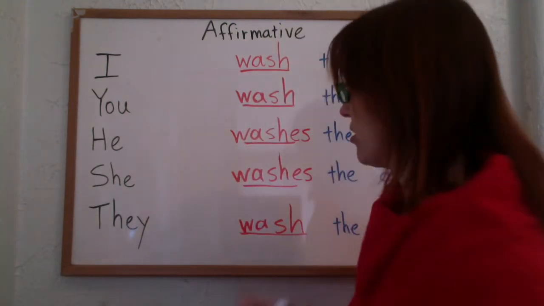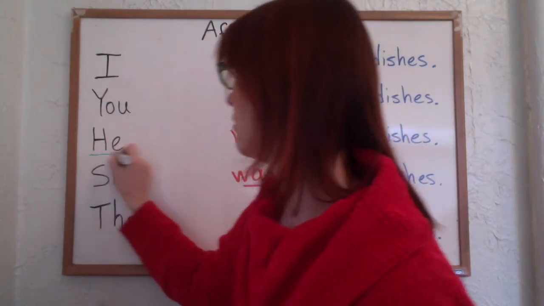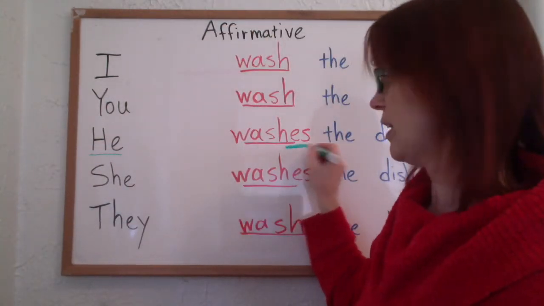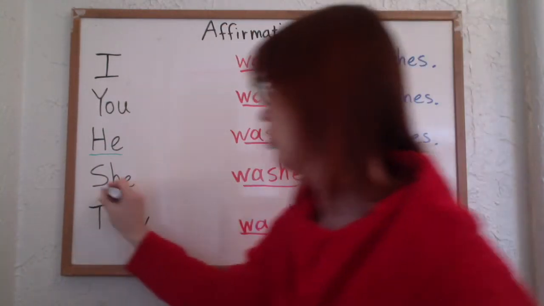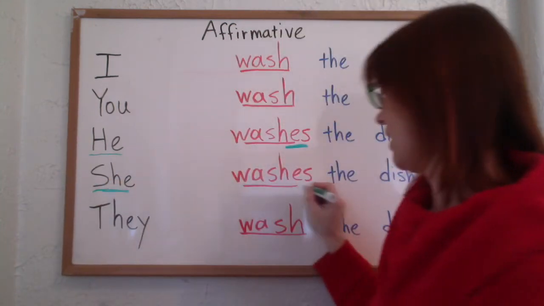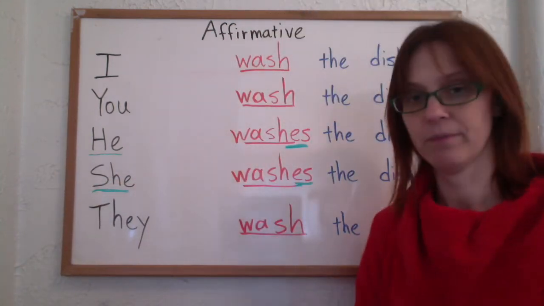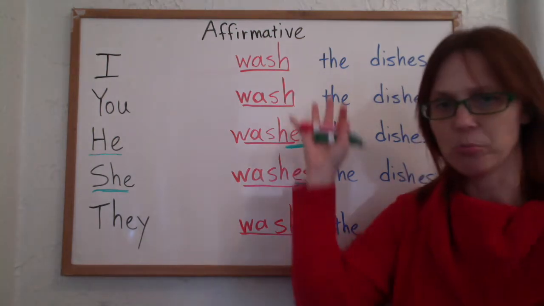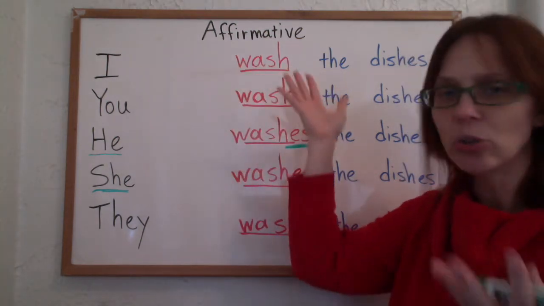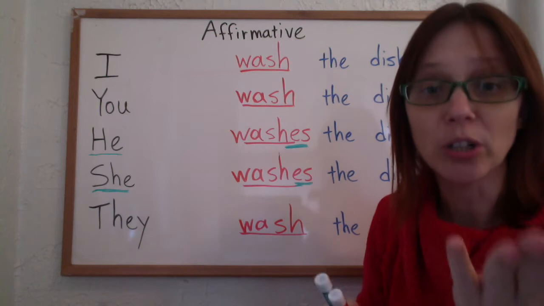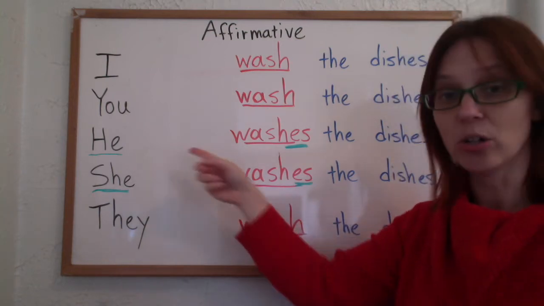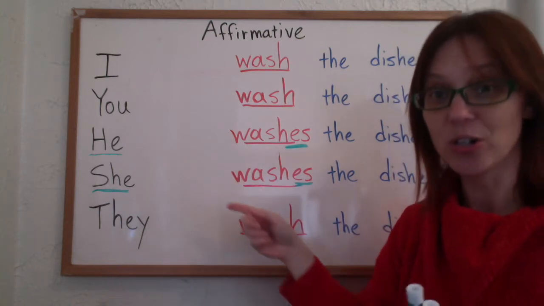So we know that if we talk about one man, we use an S or ES. If we talk about one woman, we use an S or ES. Same with all the verbs. I cook. You cook. He cooks. She cooks.